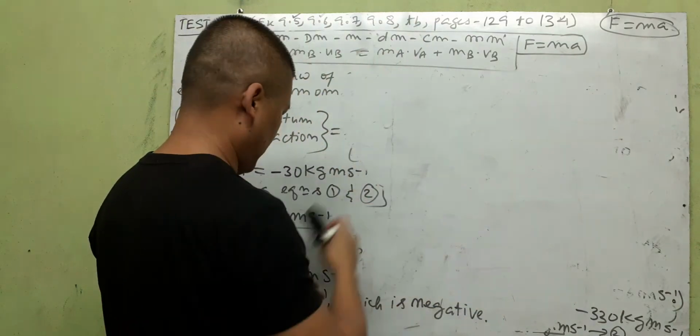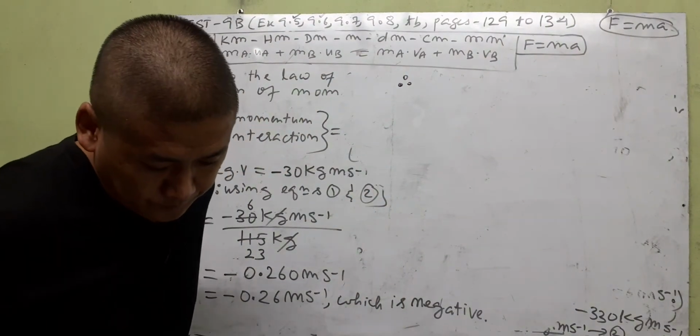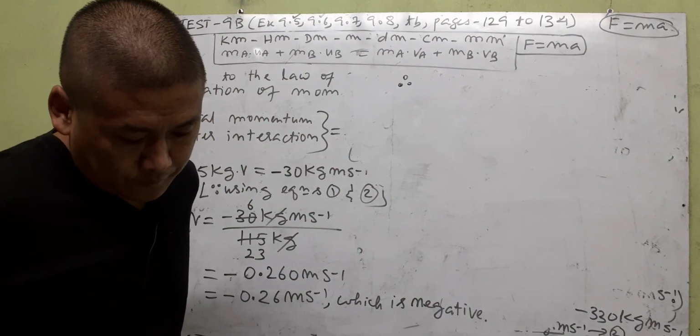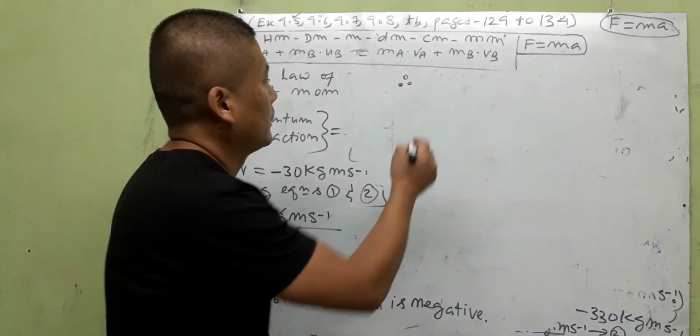So we can write for our final answer. Therefore, go back to the question. With what velocity will they move after they become entangled?